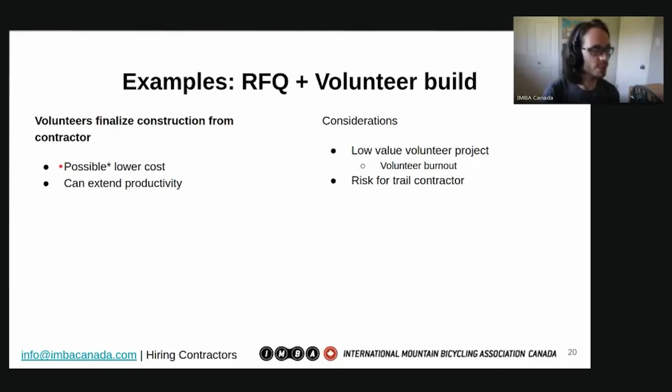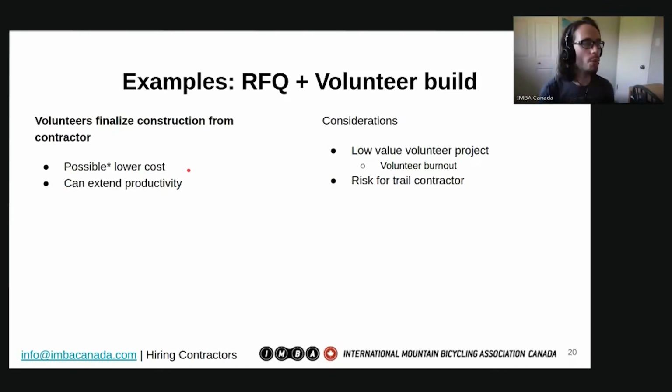Because the contractor's doing a lot less, but their contractor fixed costs might not be changing a whole lot. So as a percentage, you might not be lowering the overall project cost as much as you think. And it may be better off to get them to just complete the trail completely at the beginning. But it can also extend productivity.